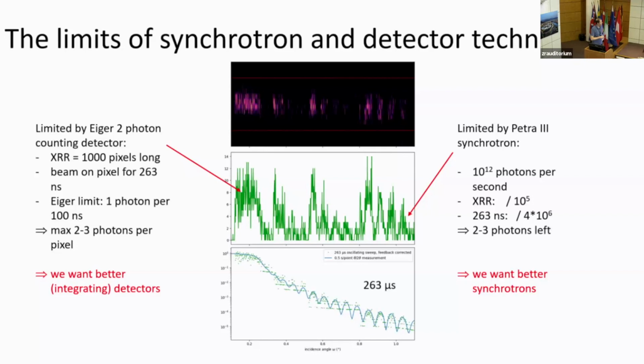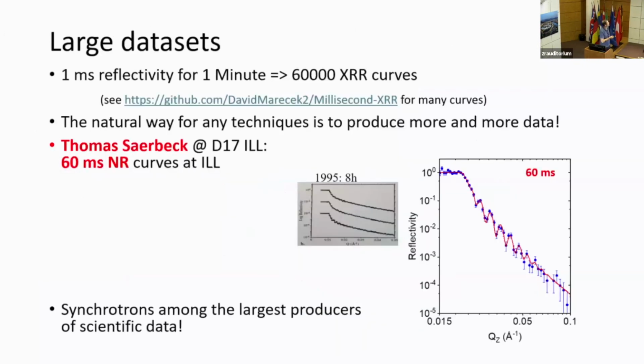And if you acquire a curve every millisecond, you get 60,000 XRR curves per minute. And over the total experiments we have hundreds of thousands of XRR curves, which for us was a bit of a new challenge, starting with fitting single curves, 10 curves, but 100,000 is a lot.